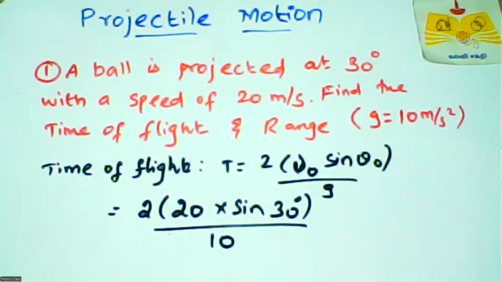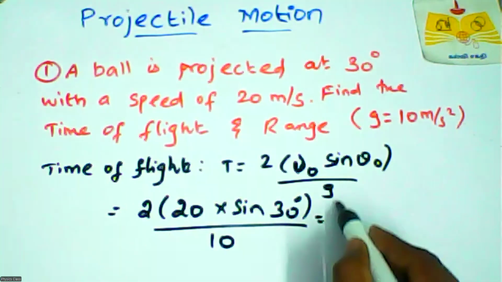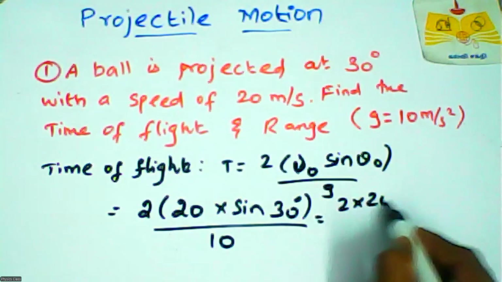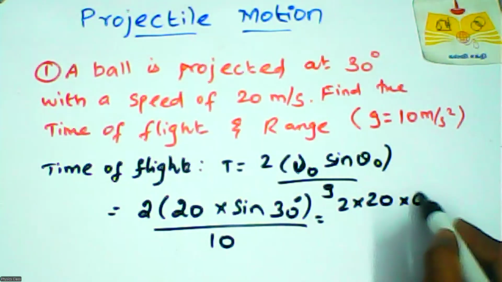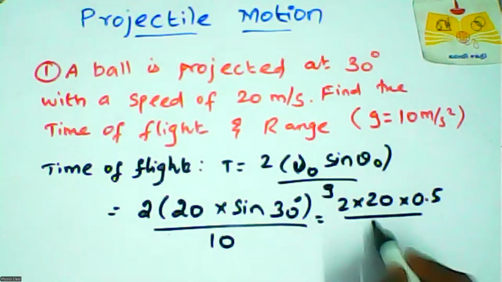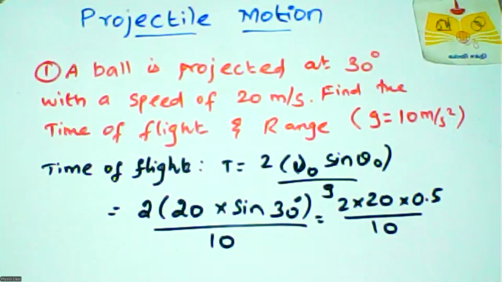So 2 into 20 sine 30. Already you know sine 30. So I can put 0.5 here and 10 like this. Now what is the answer?